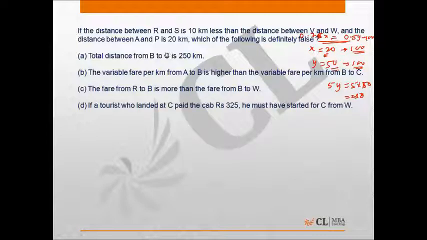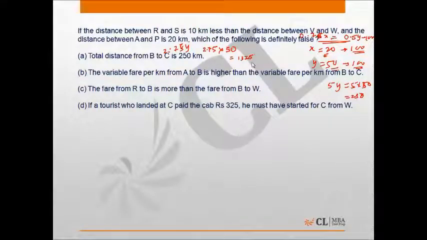The distance between W and C is 2.75 into 50.